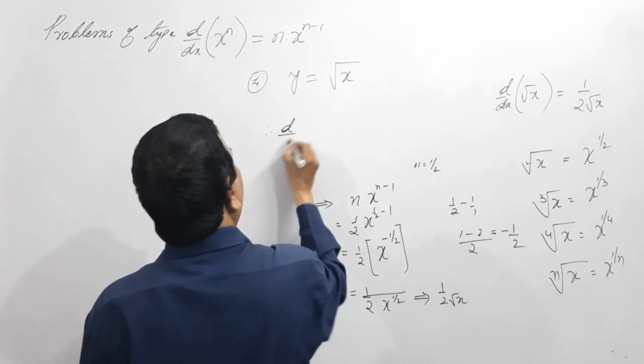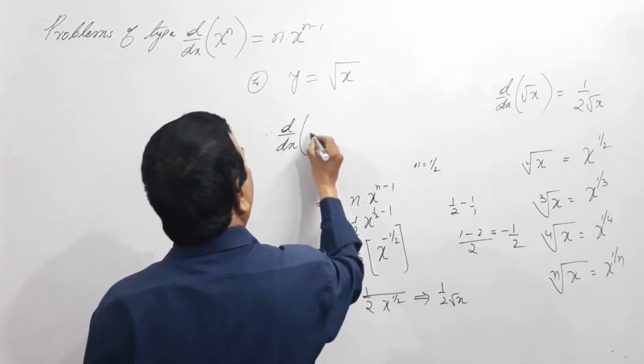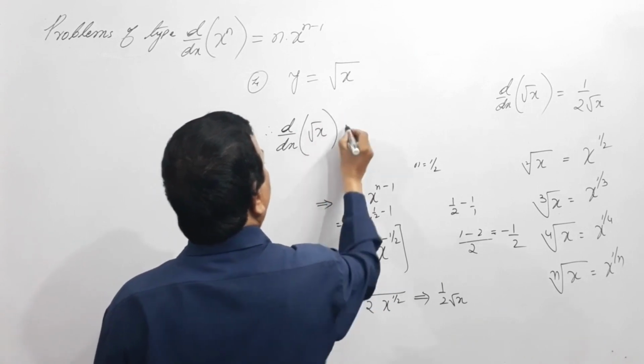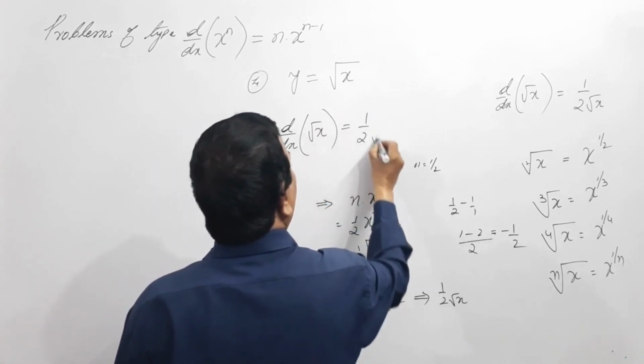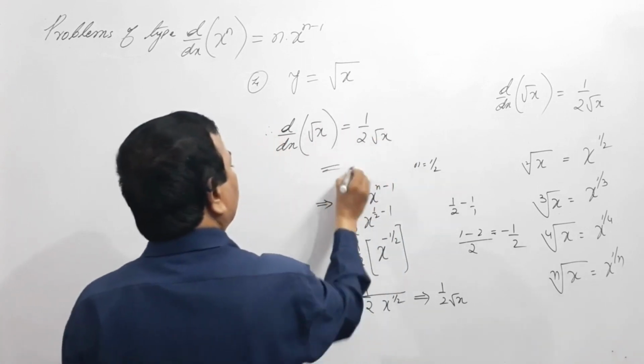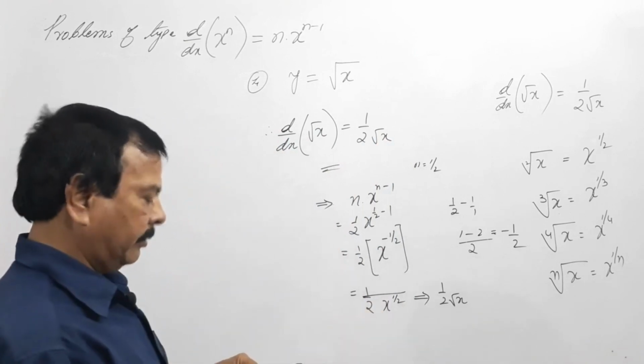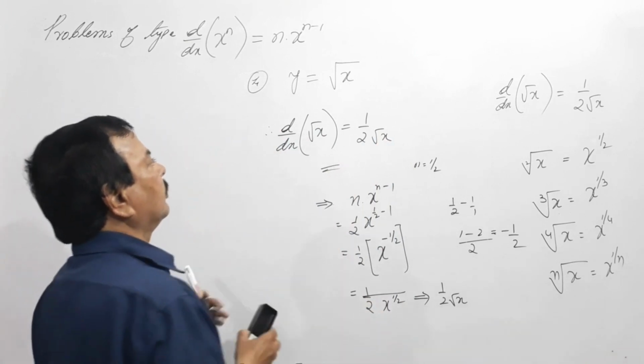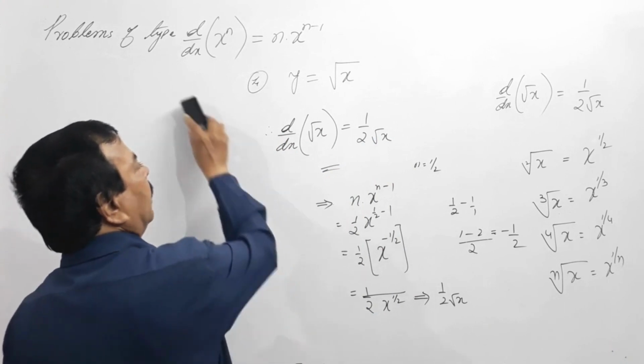Therefore, d by dx of root x equals 1 by 2 root x. So I have proved that. Fourth problem is over.